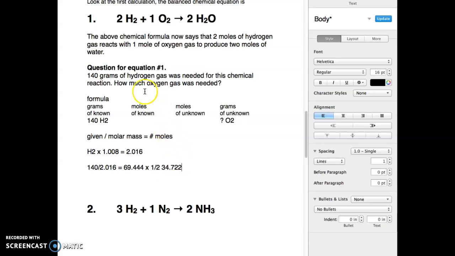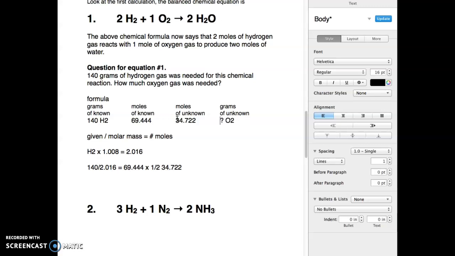You want to know what these numbers are. 69.444 is the moles of the known. 140 grams of hydrogen gas gives you 69.444 moles of hydrogen gas. This is actually the moles of the unknown: you just calculated how many moles of oxygen gas you have. You have 34.722. That's how many moles of oxygen gas you have.